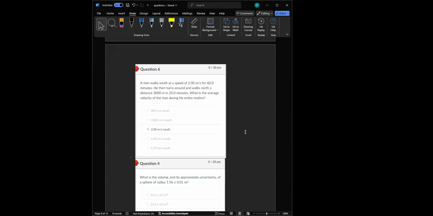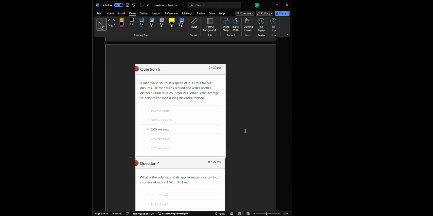So this man walked south at a speed of 2 meters per second for 60 seconds, or excuse me, for 60 minutes. That's 3,600 seconds. So that's 7,200 meters is how far he went, because you have to convert that 60 minutes to seconds, and there's 60 seconds in a minute, so 60 times 60 is 3,600.